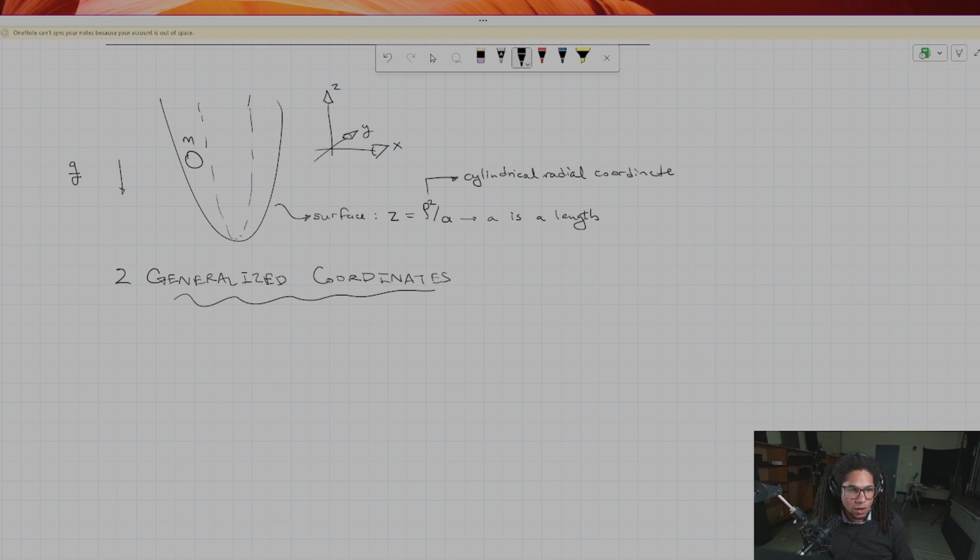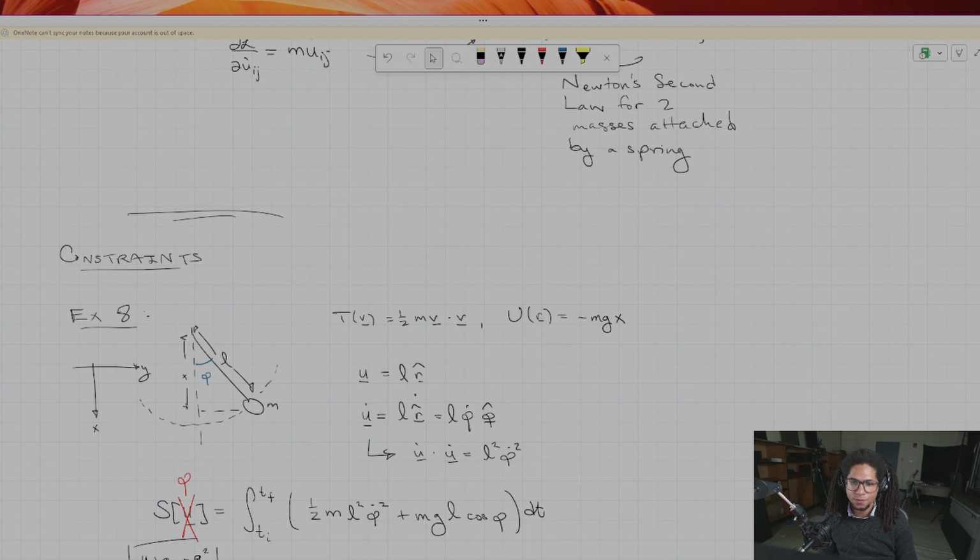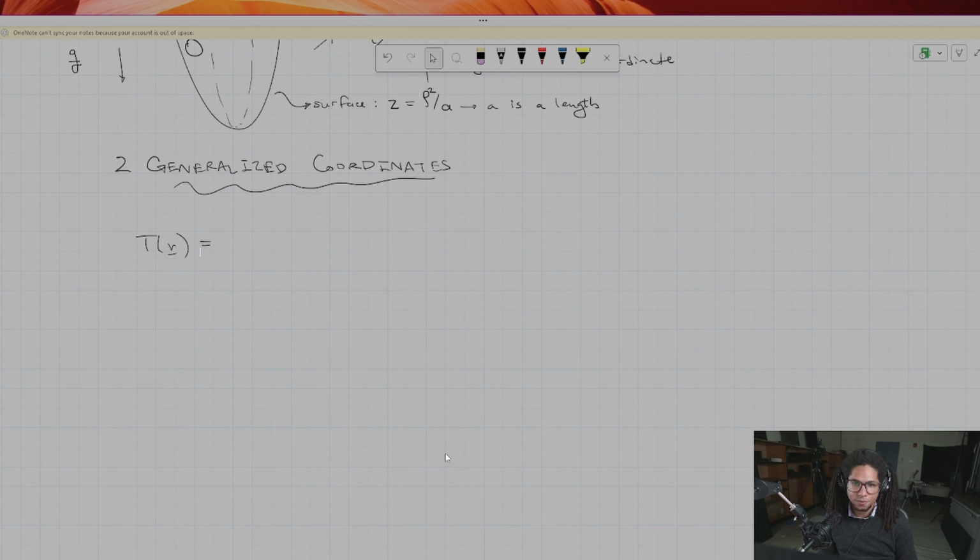That's because if I know the x and y positions of this system, or equivalently, if I know the rho and phi coordinates of this system, then I know the z coordinate because this thing is stuck on this surface. Great. So let me write down T once again. And in this case, it's going to make sense to write it down in cylindrical coordinates. So I get to use some of my results from before, just like I did up here.